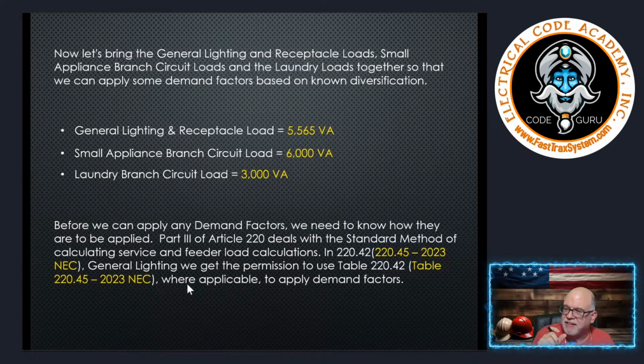Even though the table, 220.45 under the 2023 NEC, just says general lighting, you know the general use receptacles, 20 amps or less, are included, because we saw earlier when we looked at the code that it specifically said that was included in 220.41. So we know that's included. We're down to that, so that's where we're at, and now we're going to have to apply those things.